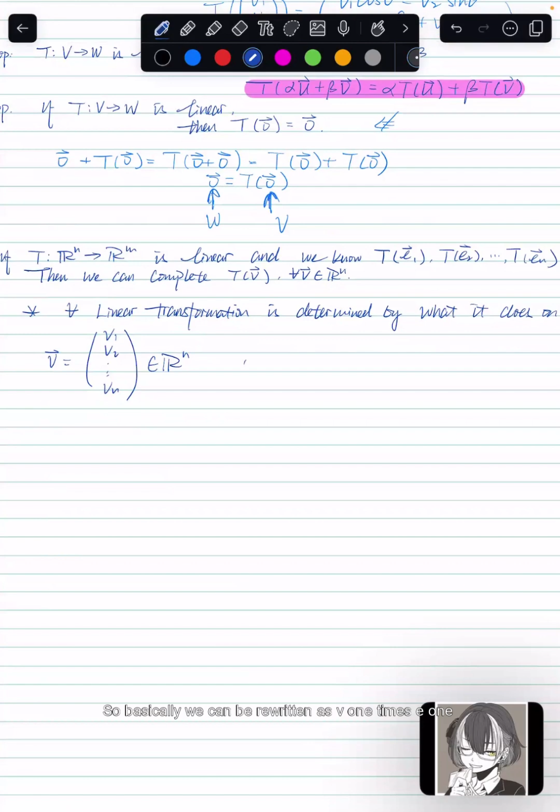So basically, v can be rewritten as v1 times e1 plus v2 times e2 plus and so on, plus vn times en.